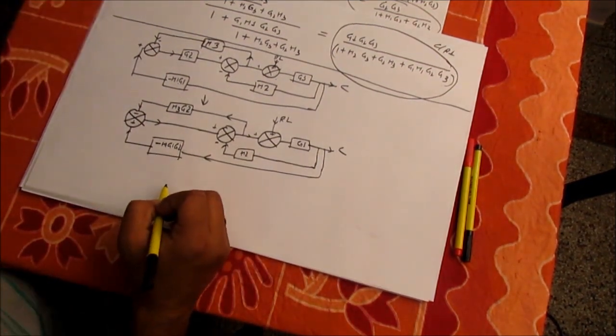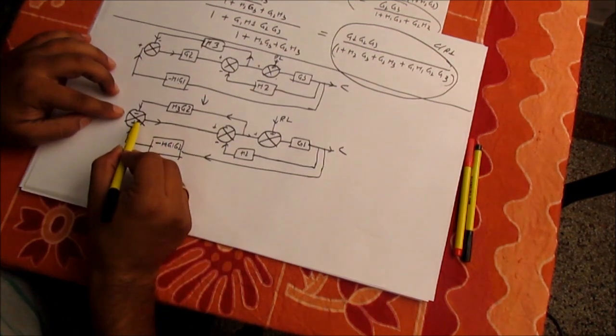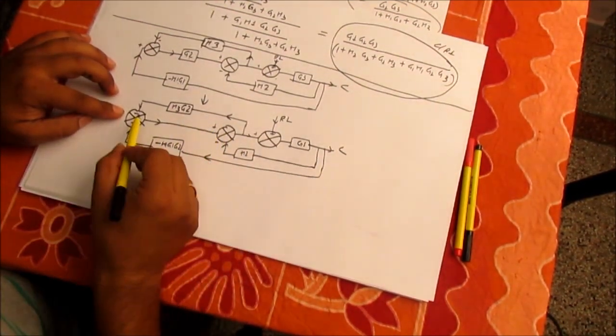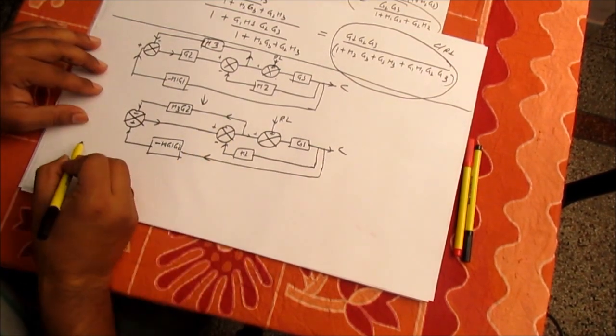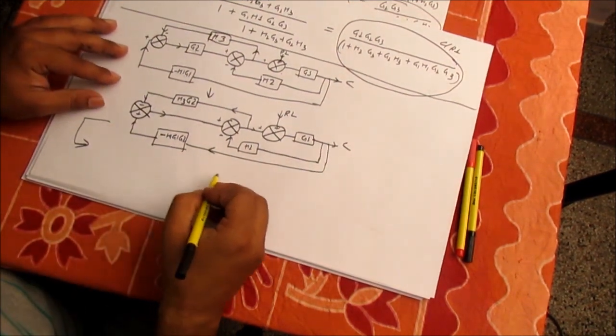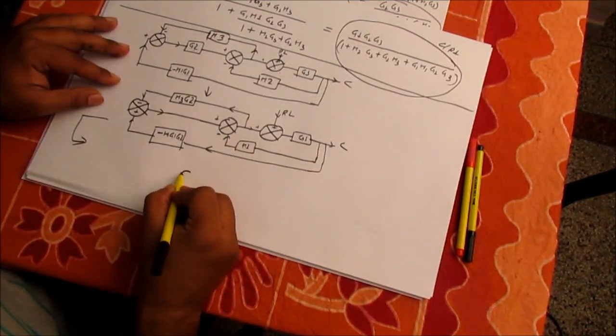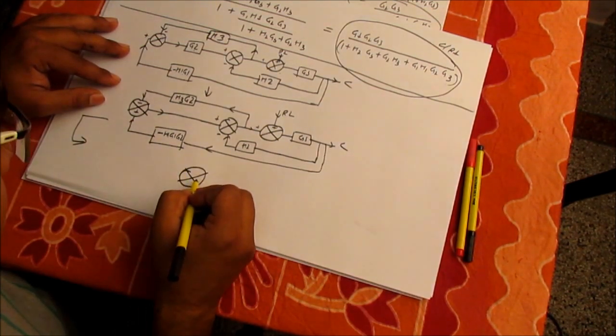Okay, now in the next step, we will club these two summing amplifiers. So let's reduce it further. We will make a common summing amplifier.